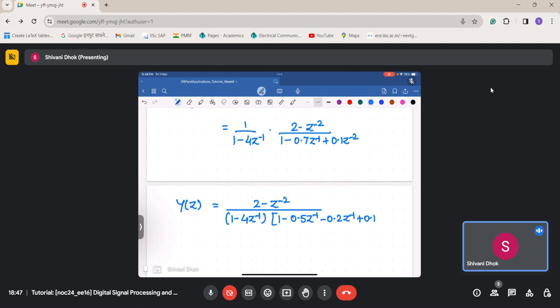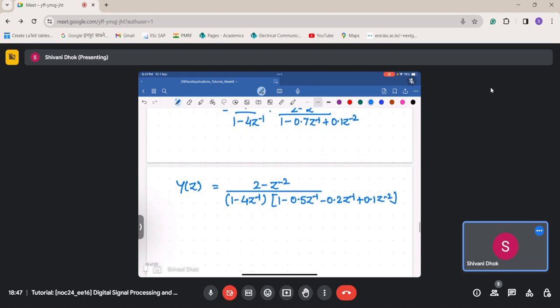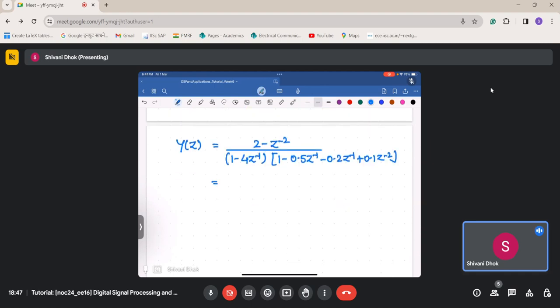So this factorizes as y of z equal to 2 minus z to the power minus 2 upon 1 minus 4z inverse, 1 minus 0.5 z inverse and 1 minus 0.2 z inverse.